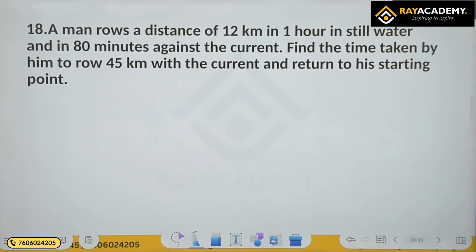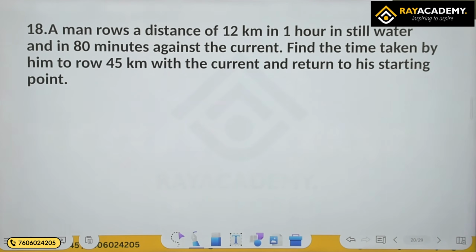So there are three different scenarios they have given. One thing is the man rows a distance of 12 kilometers in 1 hour in still water, which means the speed of current is 0. Another thing they have said is 80 minutes against the current, which means it is upstream. Another thing they have given, he is going 45 kilometers with the current, which means downstream, then 45 kilometers upstream.